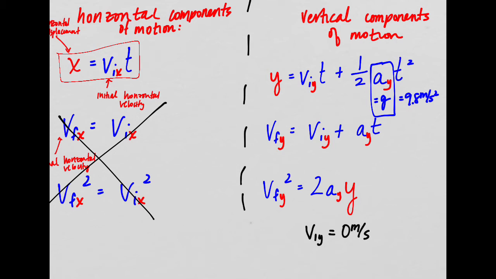Then what about here? We have another one, VIY. Well, that's 0, so we can erase that. So here, we can move this guy over. So here's another equation. We have VFY, so final vertical velocity, is equal to acceleration due to gravity, g, times t, time.